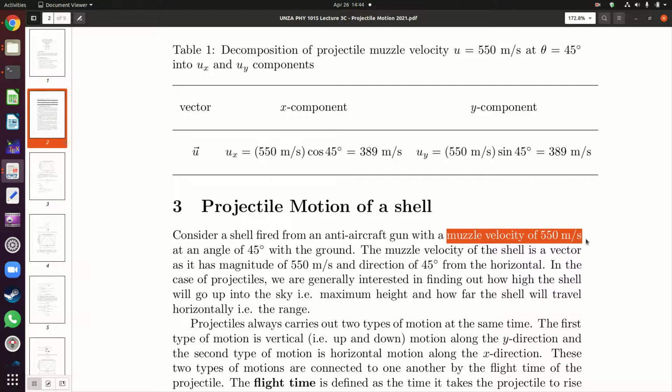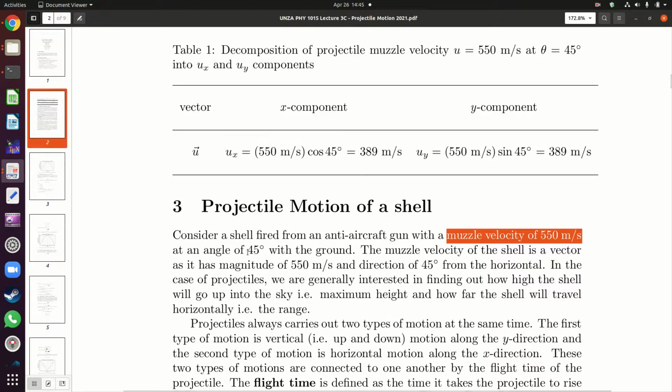If the angle you're firing your gun or your tear gas gun is at 45 degrees, that is when your projectile can travel the most distance. Any other angle is going to result in a shorter distance.